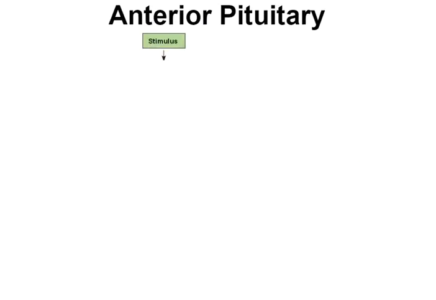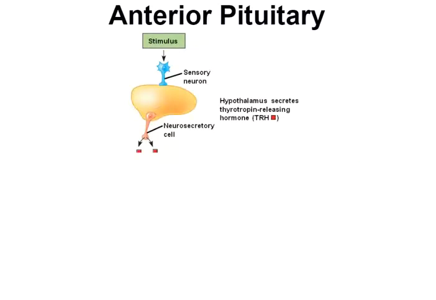So there's a stimulus, it comes to the hypothalamus through a sensory neuron, and it's going to cause the neurosecretory cell to release, in this example, a releasing hormone, the thyrotropin releasing hormone as an example.